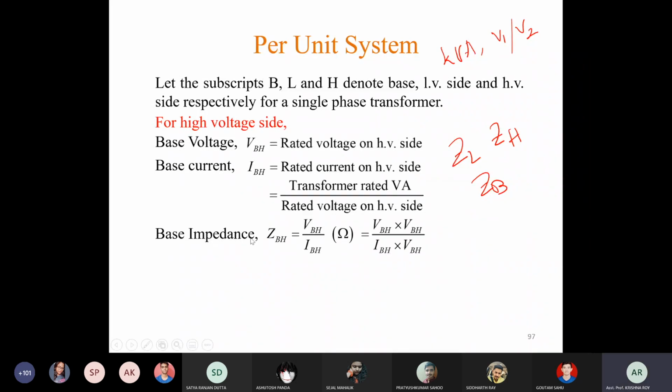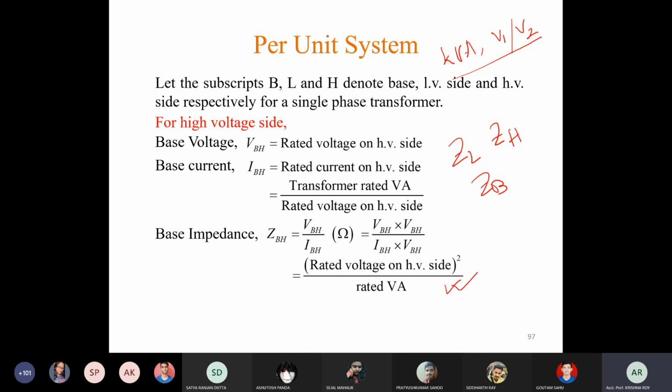And ZBH can also be expressed in this way. If we multiply VBH and IBH both by VBH, then we get VBH square by VBH IBH, that is the kVA rating or VA rating. So that is the rated voltage on the high voltage side square by the rated VA. See, as I have mentioned, normally nameplate data are these parameters. So if you want to calculate the base impedance directly using these parameters only, then you can apply this formula.